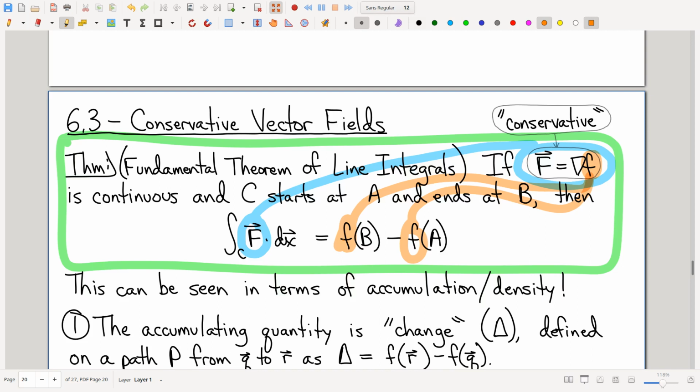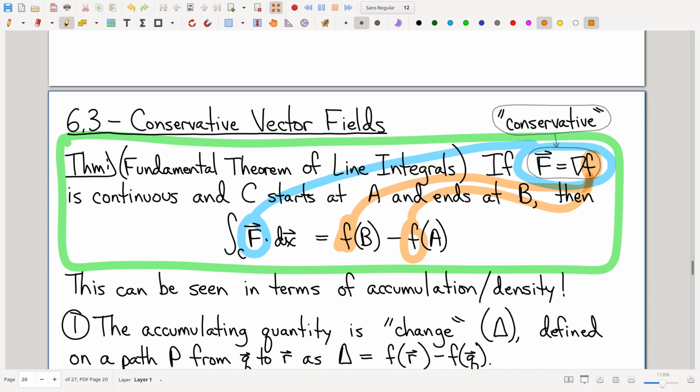By the way, the book notes, this is a standard term, very heavily used in physics, and I imagine probably also engineering, and I know most of y'all are engineers. The term here for a vector field that is a gradient of something is conservative. There's a really good reason for this term, and it has to do with potential energy and kinetic energy and conservation of the total between the two, and under what circumstances it's possible.